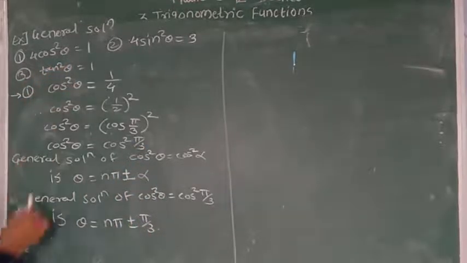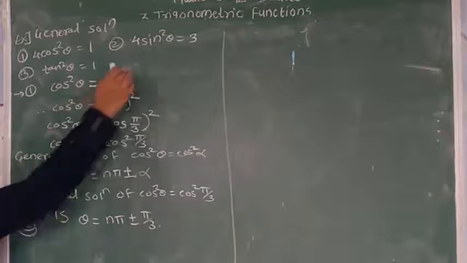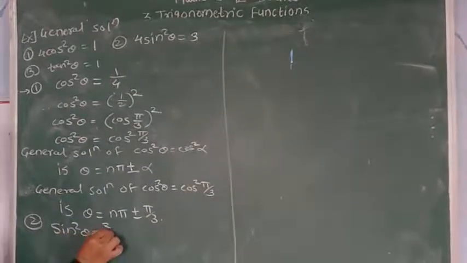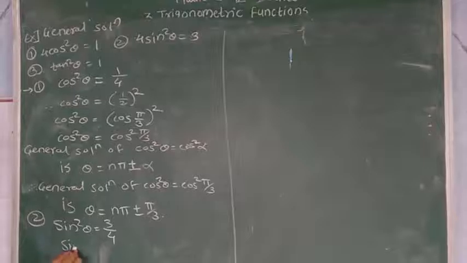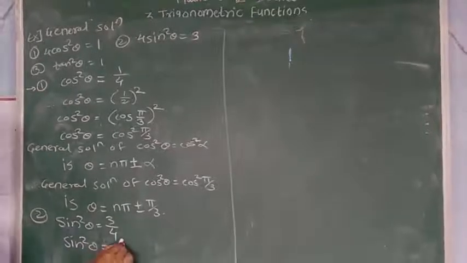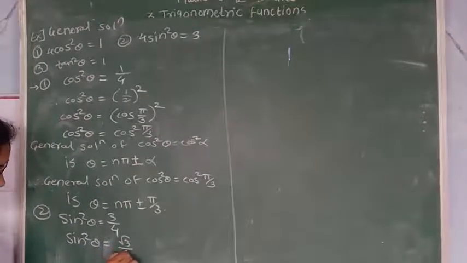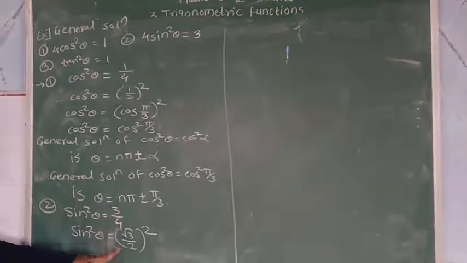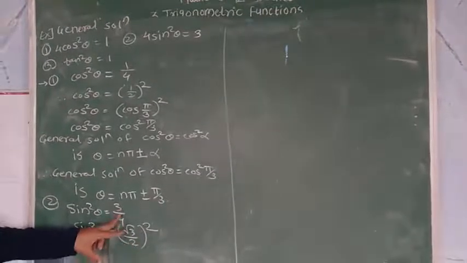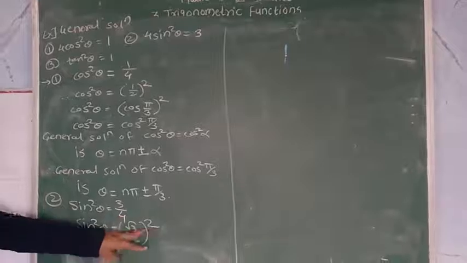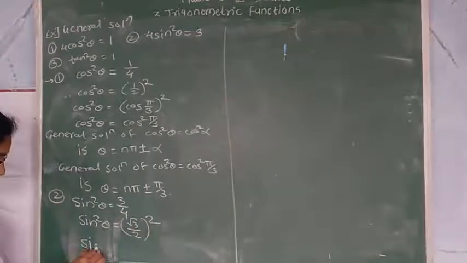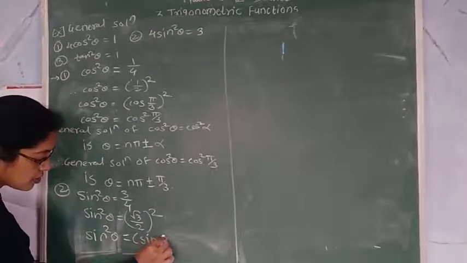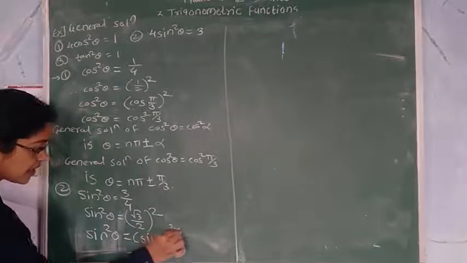Now second one is 4 sin square theta is equal to 3. So sin square theta is equal to 3 by 4. So sin square theta is equal to root 3 divided by 2 bracket square. Root 3 square is 3 and 2 square is 4. So you can write this 3 by 4 as root 3 by 2 bracket square, and value of root 3 by 2 is sine of 60 degrees, so pi by 3 bracket square.